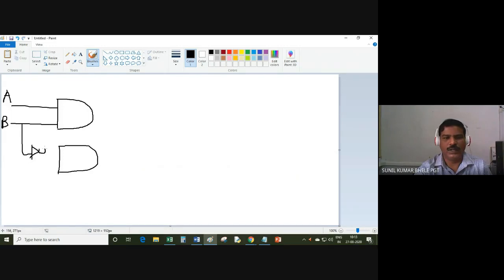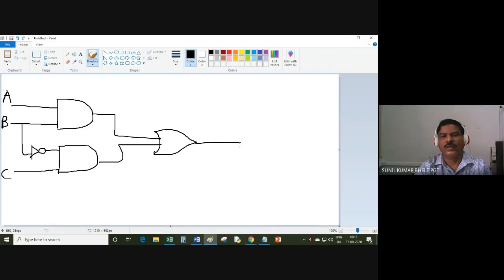There is a NOT gate also, and one more input C, and then the outputs of these two gates go into the OR gate. So you have to write the Boolean expression for this circuit.